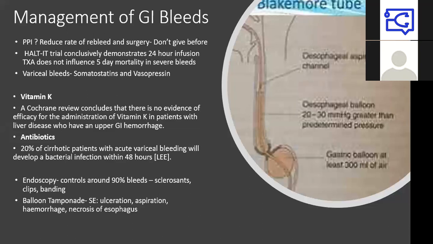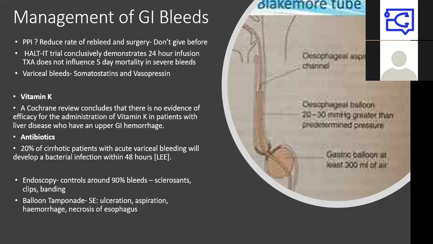Now, in terms of endoscopy, you will do band ligation, and you'll also do adrenaline injections and clips in the first place. And then realistically, you can use other therapies. So these include balloon tamponade. Now, balloon tamponade is not something done at endoscopy. It's there to buy you time until you can do the scope.